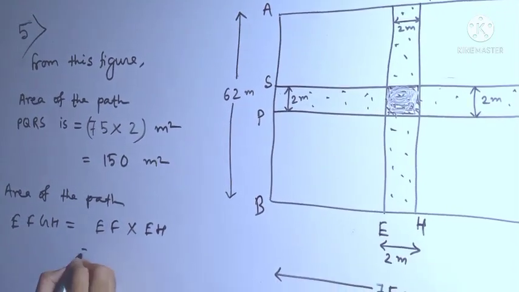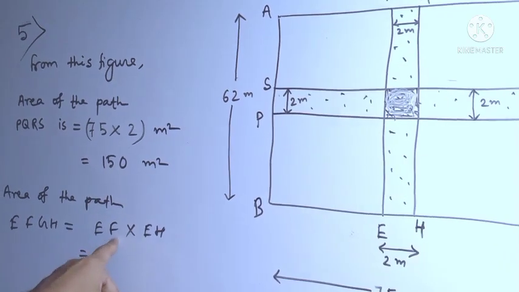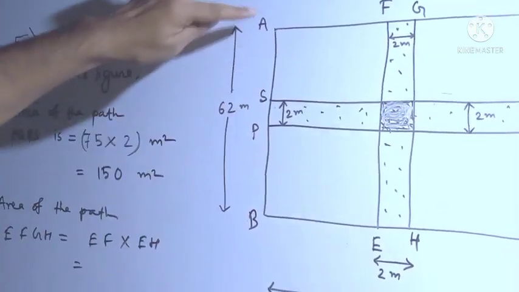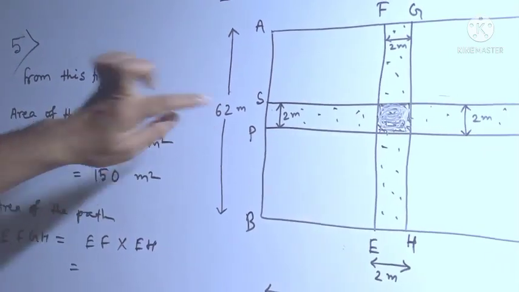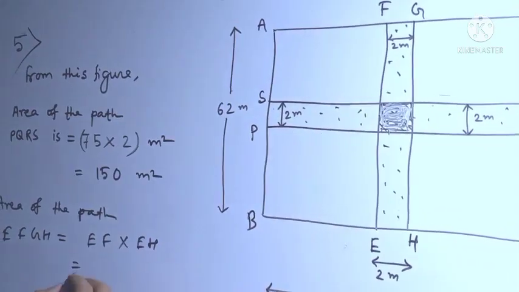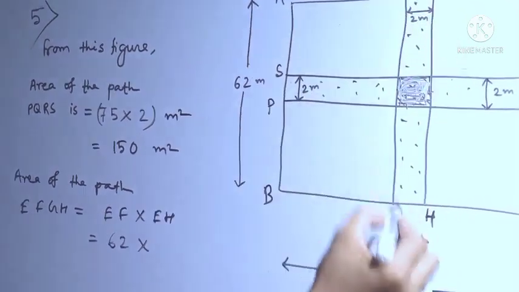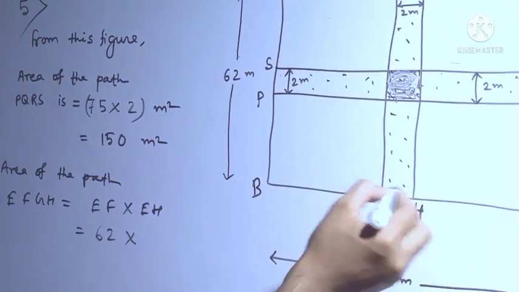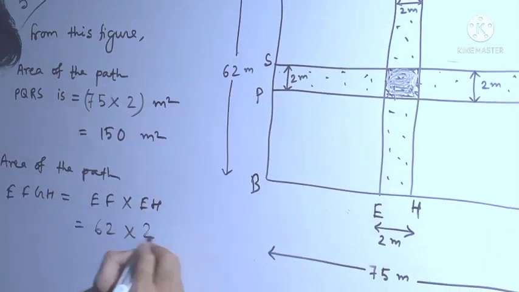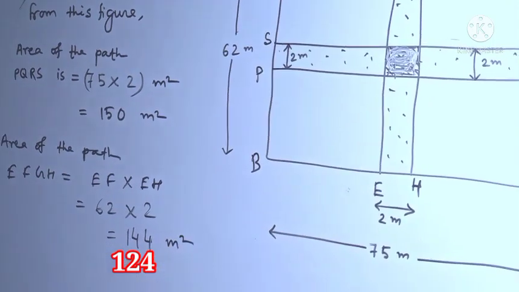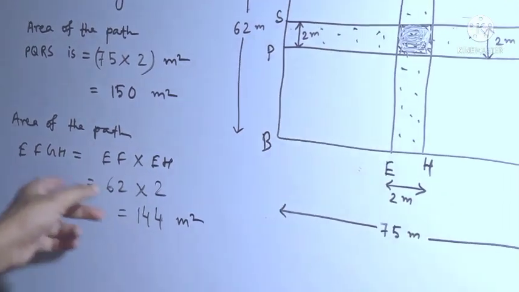Okay, so the value of EF is equal to AB actually, which is given 62 meter. Okay, so 62 into EH, 2 meter only. This is the breadth actually, so 62 into 2 equal to 124 meter square. This is the area of the path EFGH.